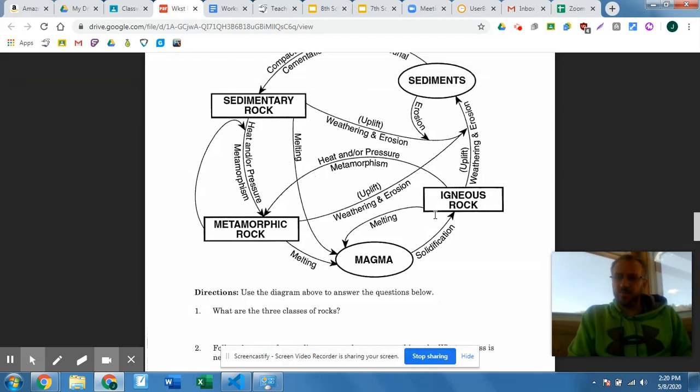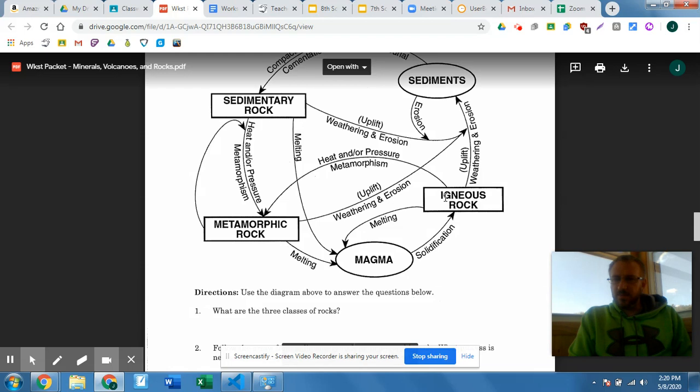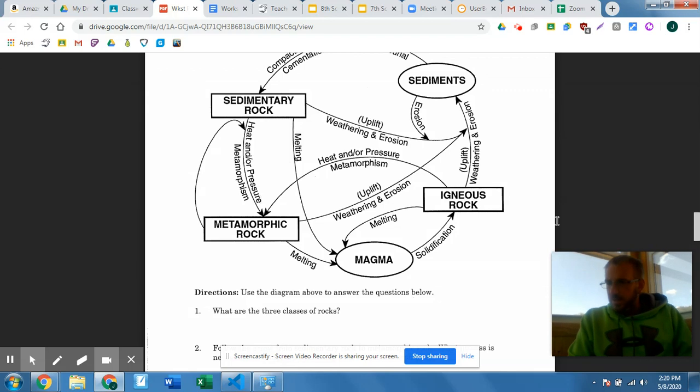But then there are ones where obviously you can make magma solid or melt it back into magma. So there are three types of arrows: one that goes forward, one that goes backwards, and one that loops around like these ones here, or this one over here. So just be aware of that.